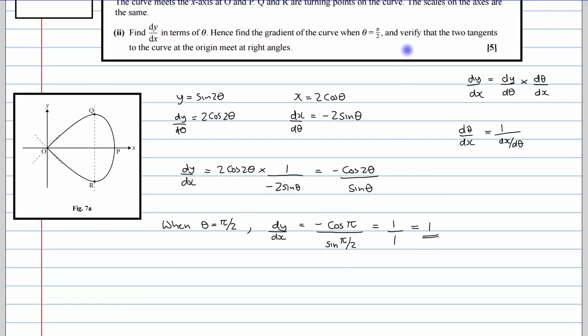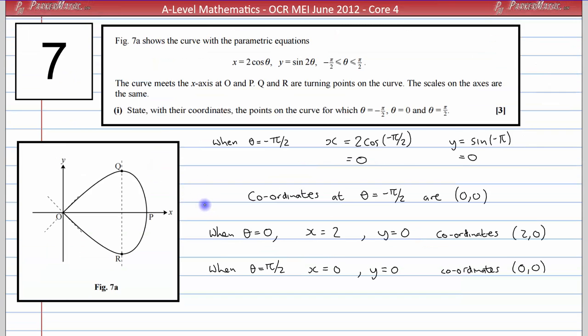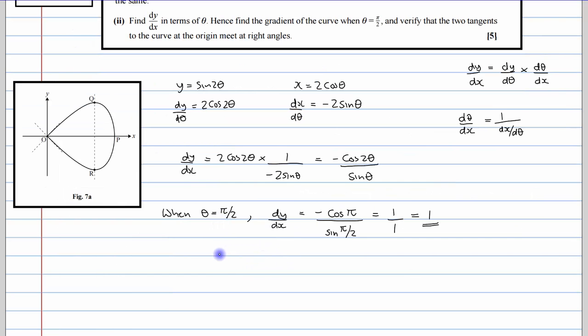Next up, we need to verify that the two tangents to the curve at the origin meet at right angles. Well, in part 1, we showed that at the origin, theta either equals minus pi over 2 or it equals pi over 2. And conveniently, we've just found the gradient when theta equals pi over 2. So next, we're going to find the gradient when theta equals minus pi over 2.